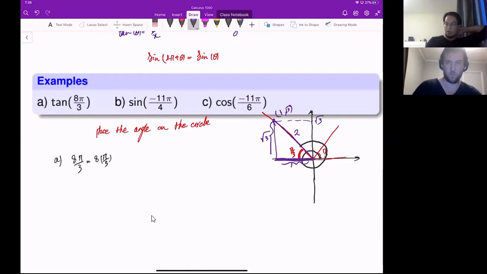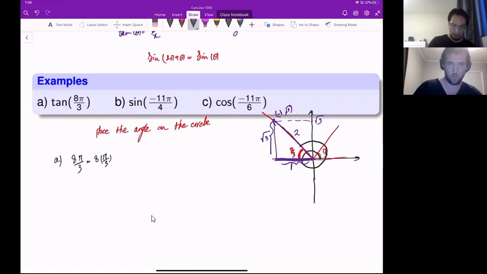But you have to be careful. If you write it like that, you have made a big mistake. 1 is the length of that side. Now we are on the x-axis and we are going to the left, so the coordinate of that point is going to be negative 1 and root 3.